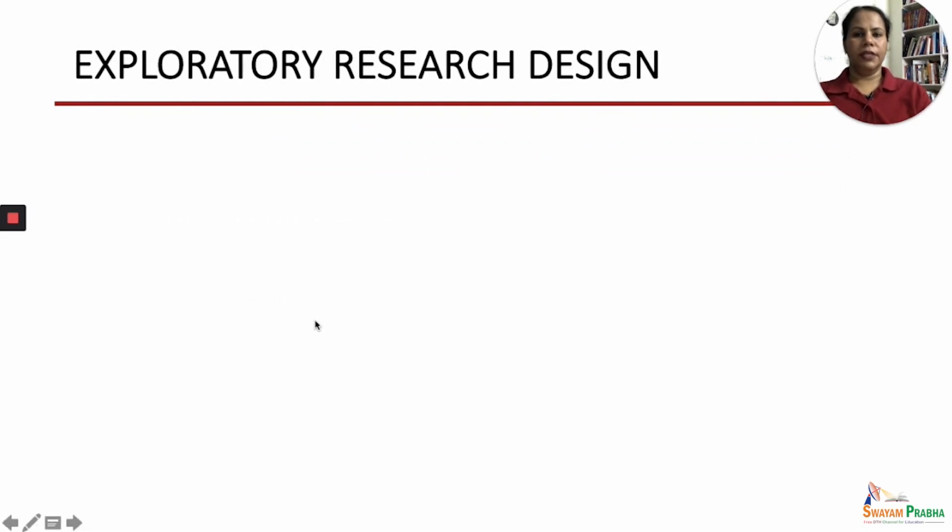Another important category of non-experimental research design is exploratory research design. So the name only says, here we try to explore more about a phenomena about which we know little, or little is known about that particular phenomena.